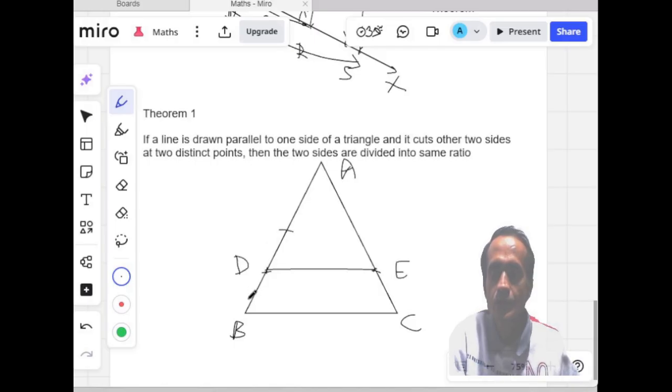So the ratio in which these sides are divided is the same ratio. That means AD by DB is equal to AE by EC.